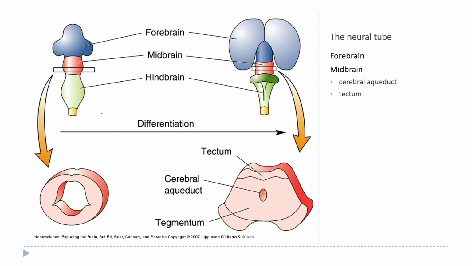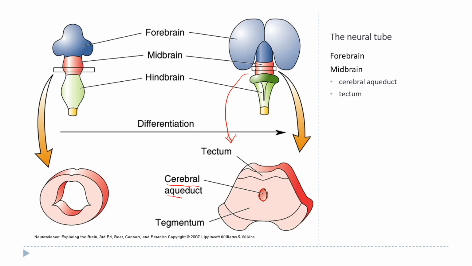So of course here we're looking at the rostrocaudal axis, but when we look at it in cross section like this, you can see the tube that goes down the middle, which again is contiguous with the third ventricle, but we call it here the cerebral aqueduct.